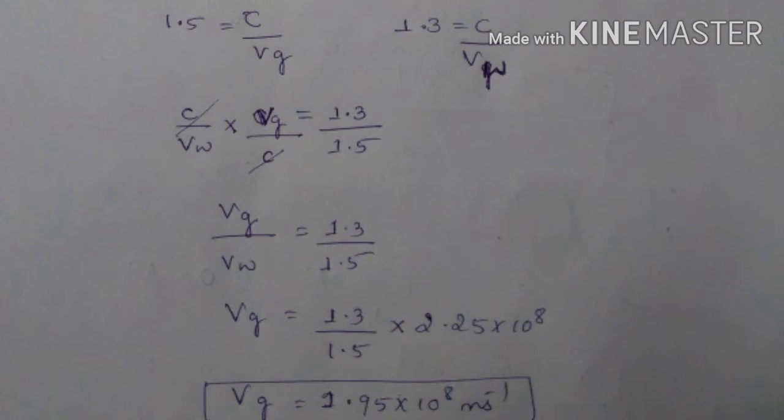If you substitute all which is given in the question, then you end up getting 1.5 is equal to C by Vg and 1.3 is equal to C by Vw.